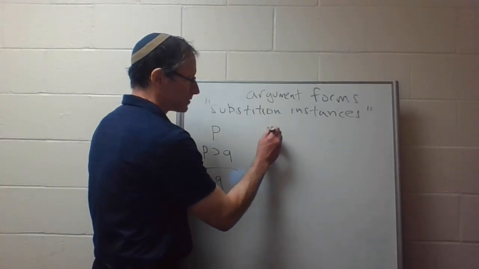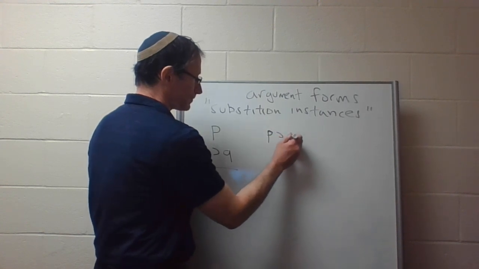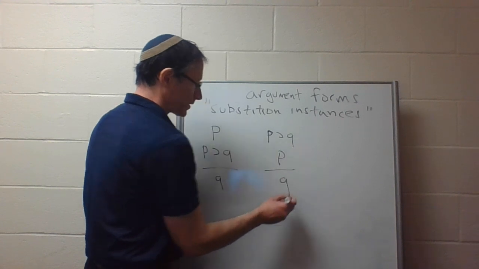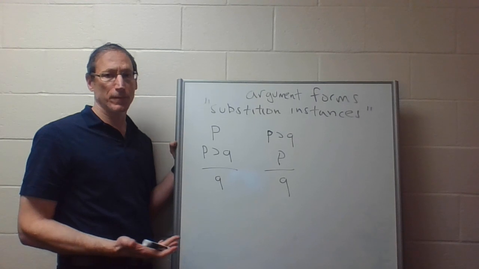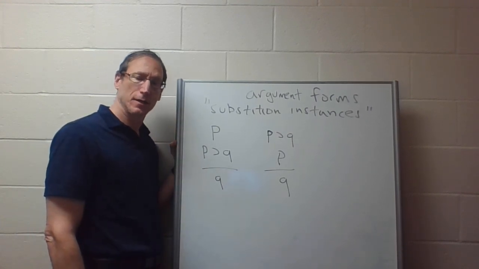Suppose I wrote down this, P horseshoe Q, P, therefore Q. Okay? We would say that this is the same argument form. The order of the premises doesn't affect in any way the validity of the argument form.